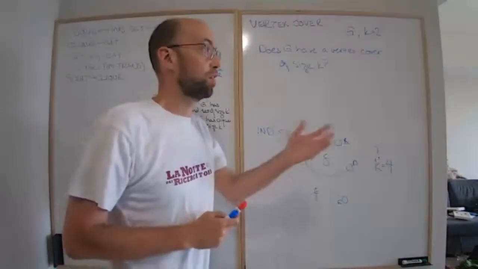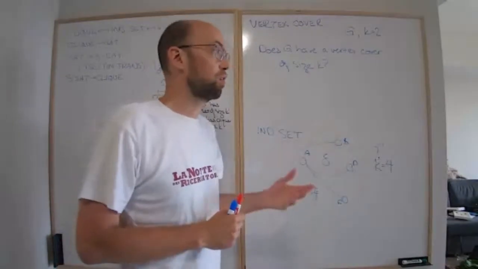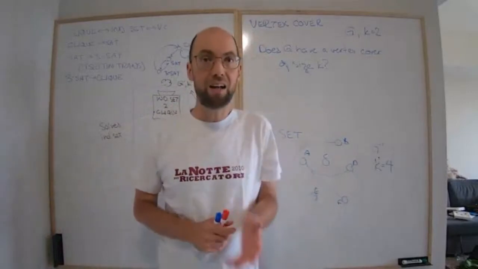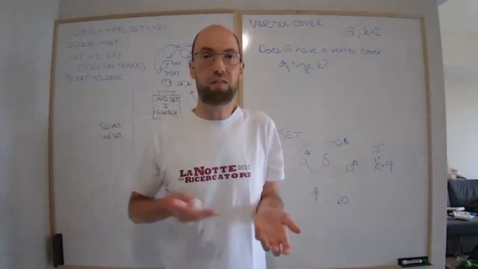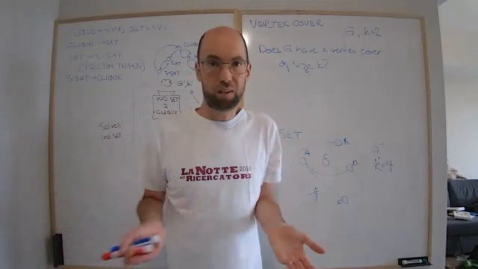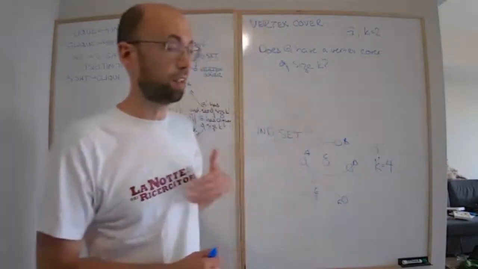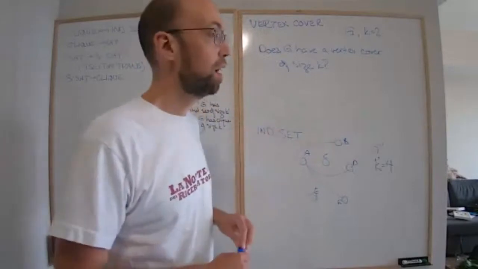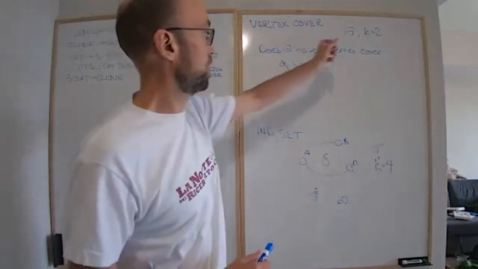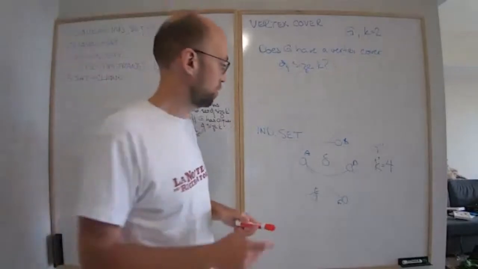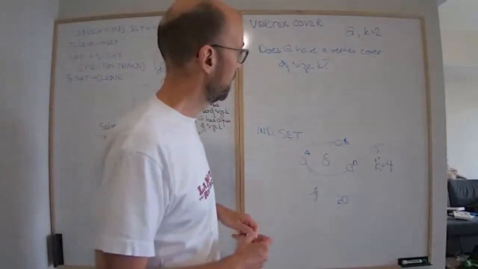Now, obviously, if there is a vertex cover of size 2, there is also a vertex cover of size 3, 4, etc., up to n, because you can add vertices to the vertex cover, and it's still a vertex cover. It's not necessarily a minimum vertex cover, but it's just asking, does G have a vertex cover of size k?